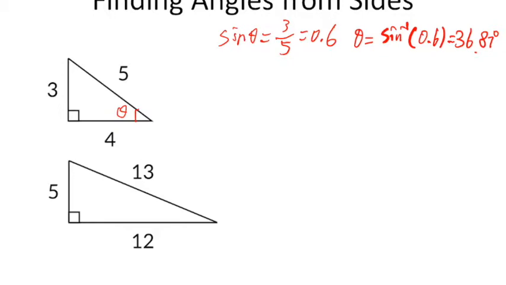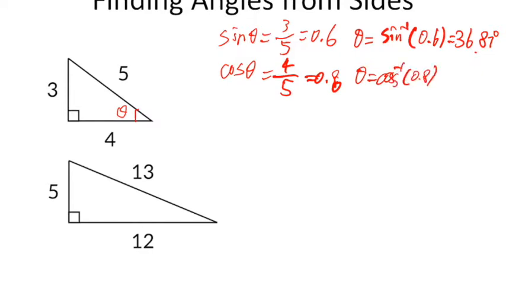Now you don't have to use sine, you can also use cosine because you know 3 sides. Cosine would be 4 over 5, 0.8. You do the same, inverse cosine of 0.8, which would also give you 36.87 degrees.